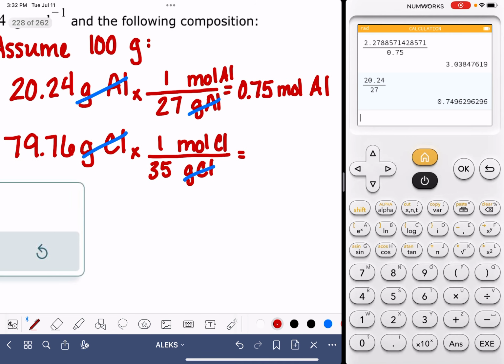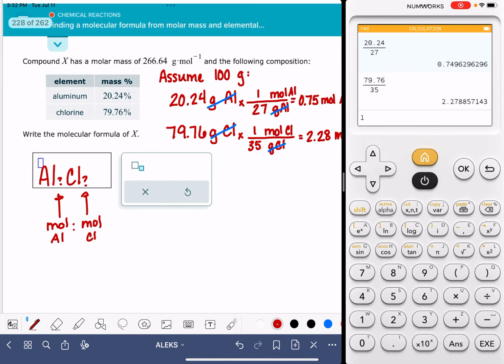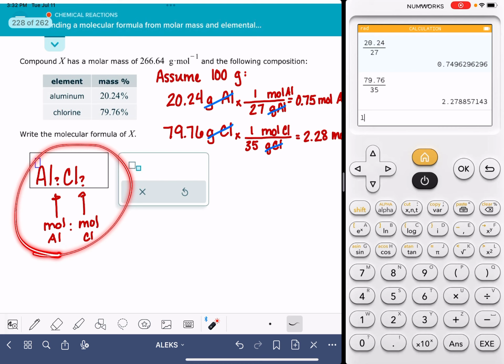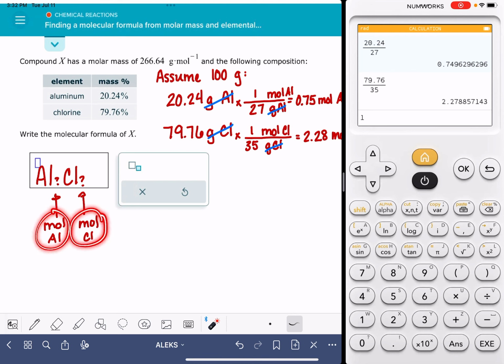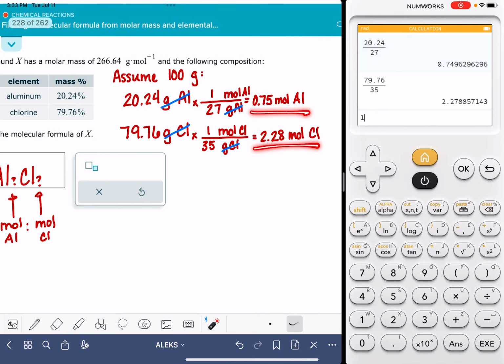And for the chlorine, 79.76 divided by 35 is 2.28 moles of chlorine. So again, let's think about what we're doing. We're trying to come up with the molecular formula, which is the mole-to-mole ratio of aluminum to chlorine. We started off with a mass-to-mass ratio. Now we have a mole-to-mole ratio.